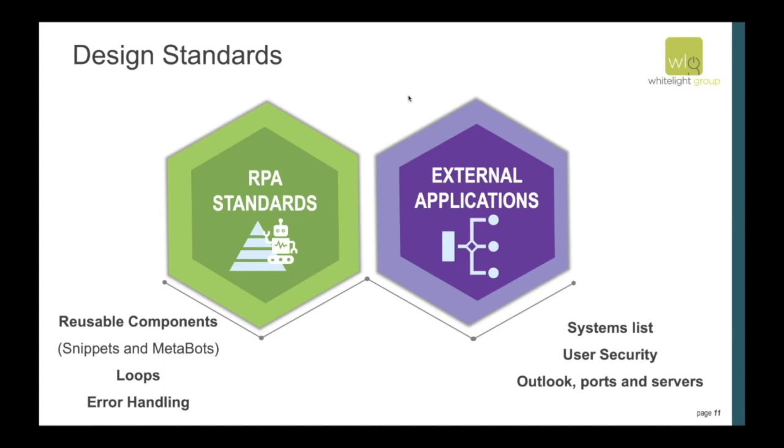And then the final step in the build is your design standards. I picked out 3 for RPA design standards, and there are also external application standards, and we'll talk about those in just a sec. So, RPA standards: reusable components. If you look at different platforms, they might call them snippets, they might call them metabots, things like that.